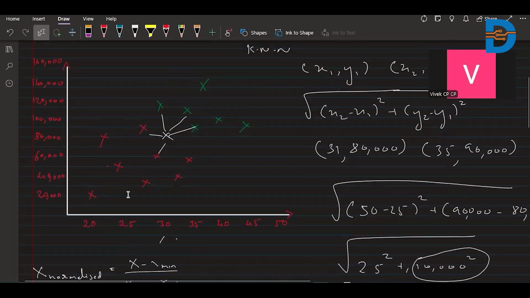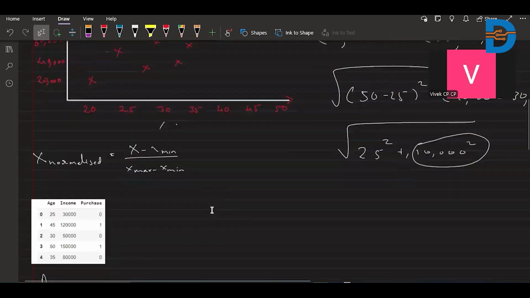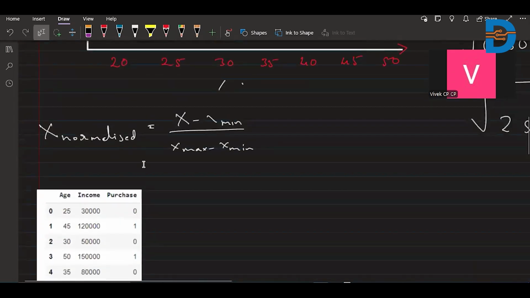So this is the problem that we face when we are working with features which are in very different scales. So what is normalization? Normalization is a process that is going to help us bring all these values into a comparable range so that none of those features are going to overly contribute to the predictions just because of their high values. Okay. So let's have a look at how normalization works.